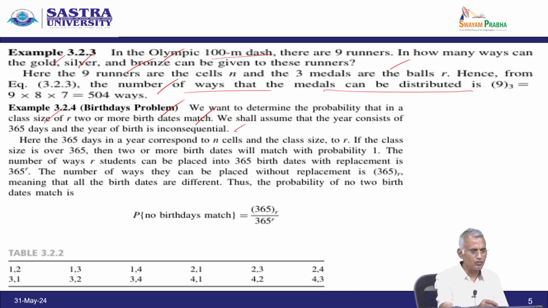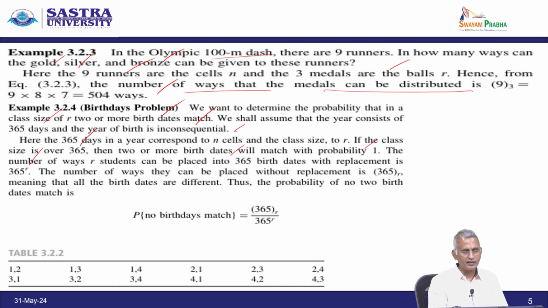If the class size is over 365, then 2 or more birth dates will match with probability 1. So, that is the first statement you have to understand. Now, the number of ways the r students can be placed into 365 birthdays with replacement is n power r, that is 365 power r.